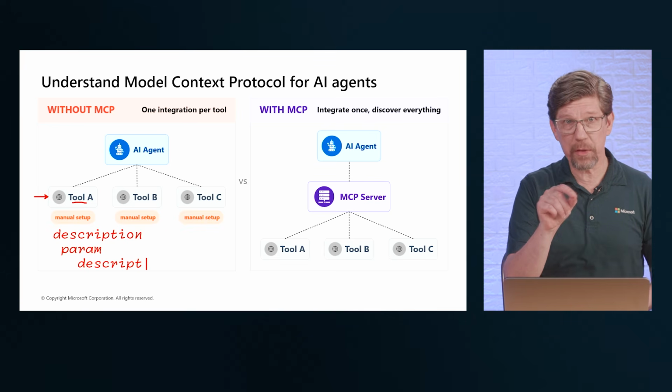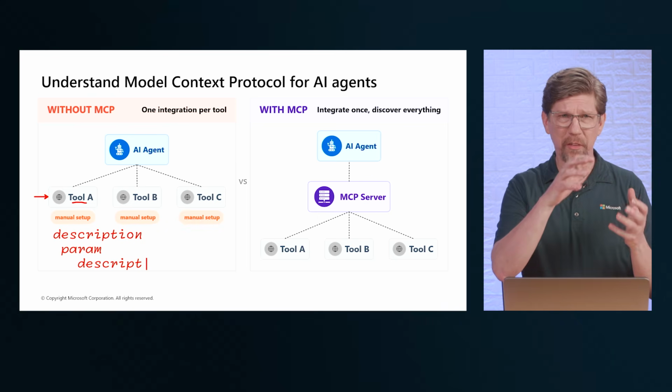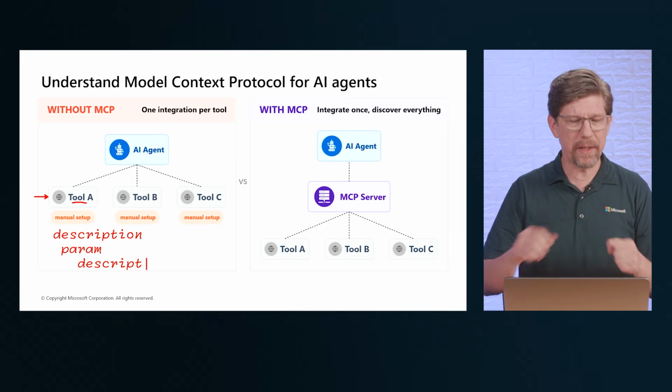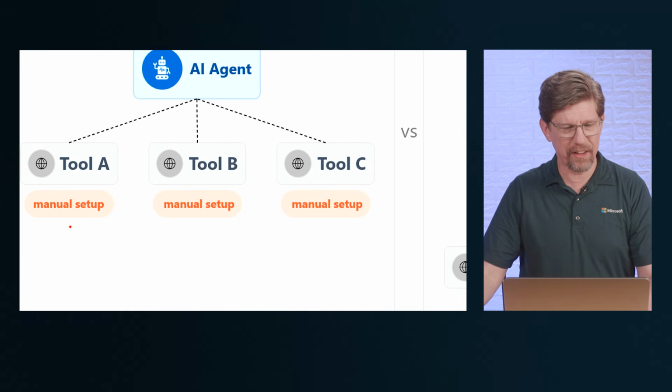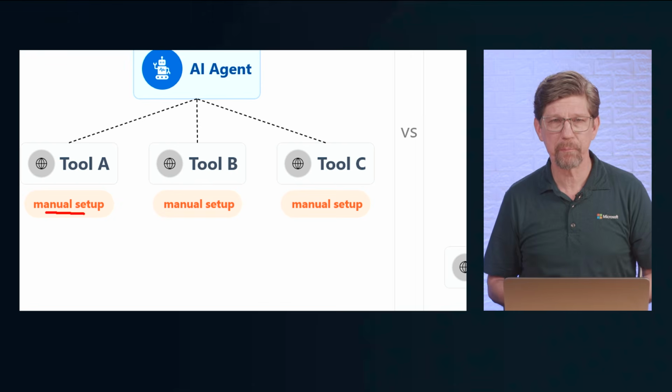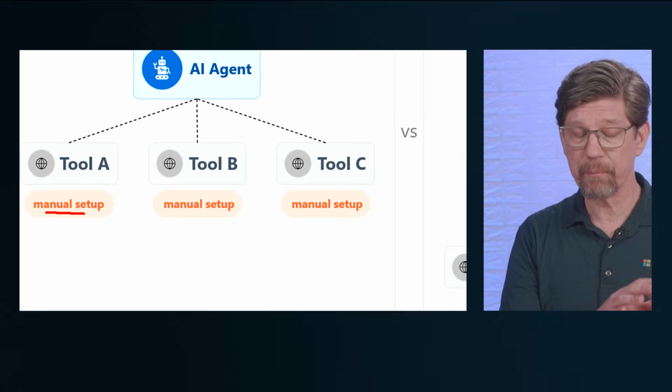And each one of those parameters also needed its own description. We built that as a little JSON document, and we did that 3 different times, right? And so this idea of requiring manual setup, in terms of descriptions.